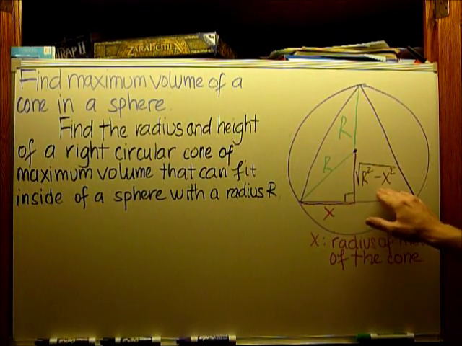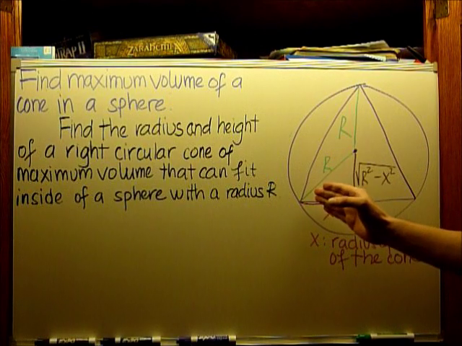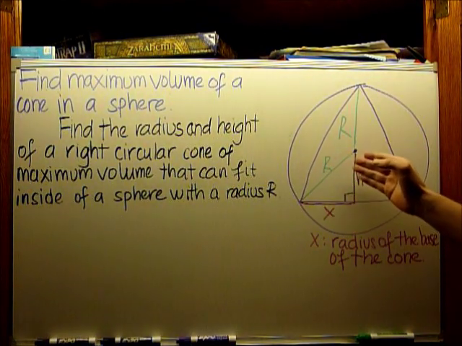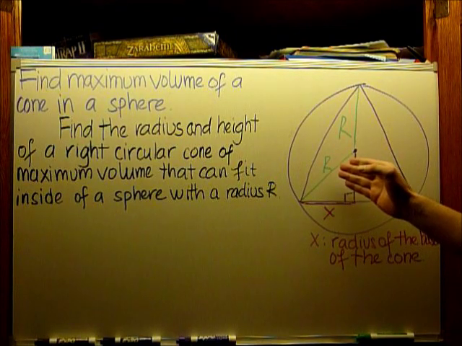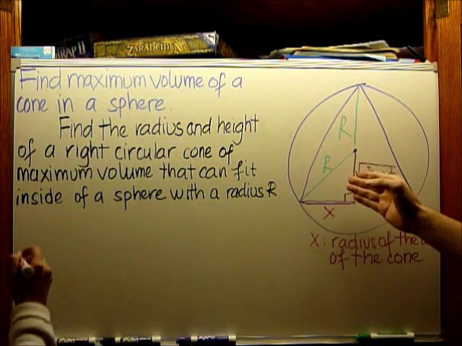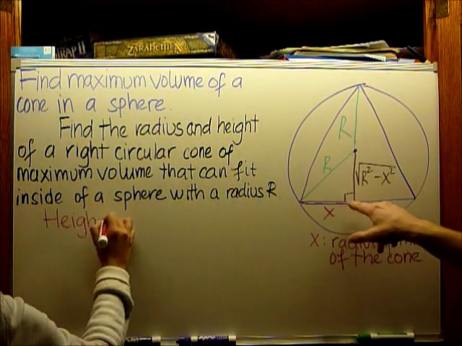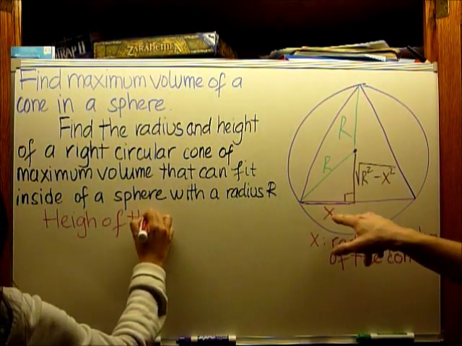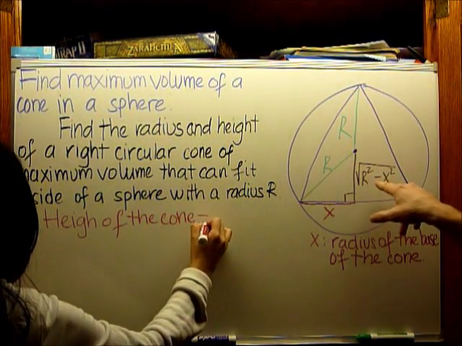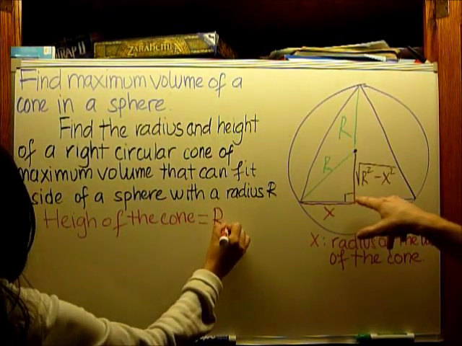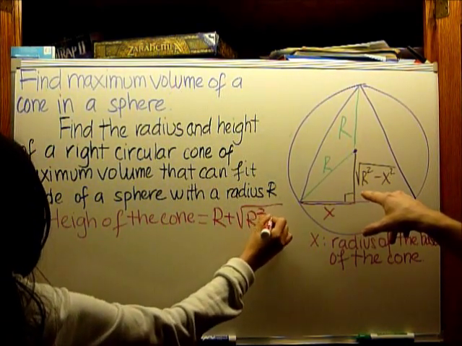Now we find that by this right triangle, where the hypotenuse is the radius of the sphere, along with the radius of the cone being the other side. So we're able to find that remaining length of the height of the cone, just like that.